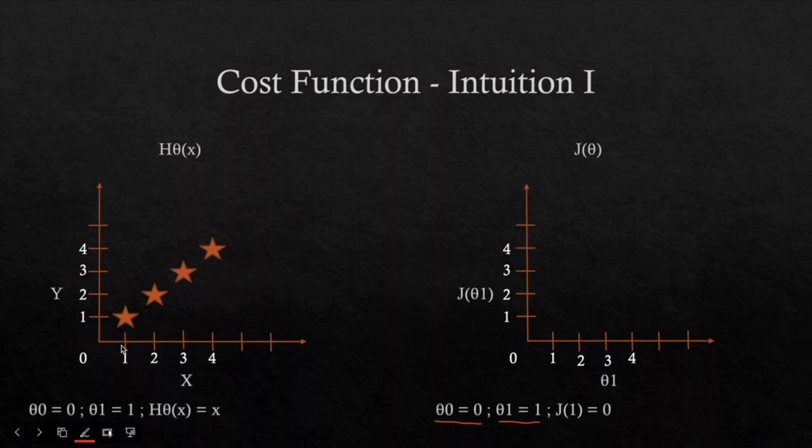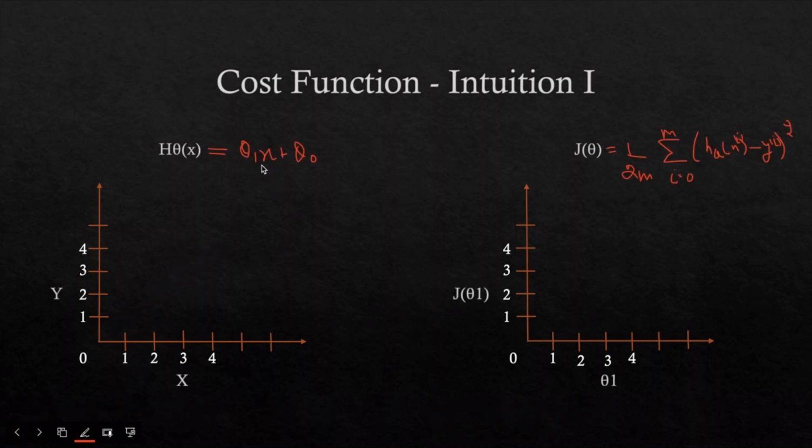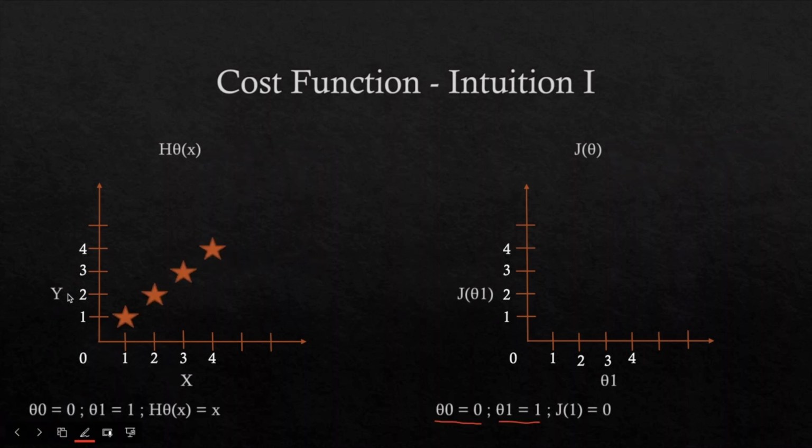So for the simplicity I have taken these values, and since theta 1 equals 1 and theta 0 equals 0, this term will be eliminated, and h of theta x will be equal to x. Which means that the y value will be equal to the x value. So this will be a straight line.